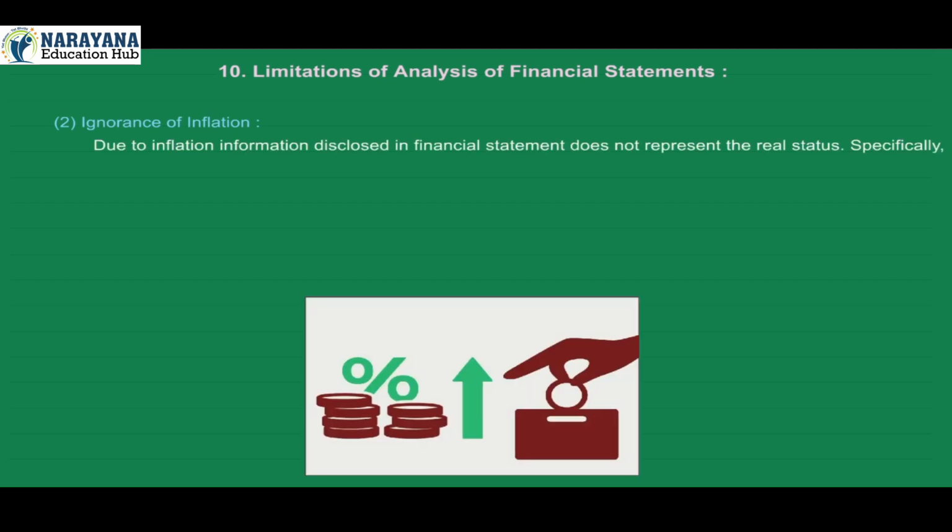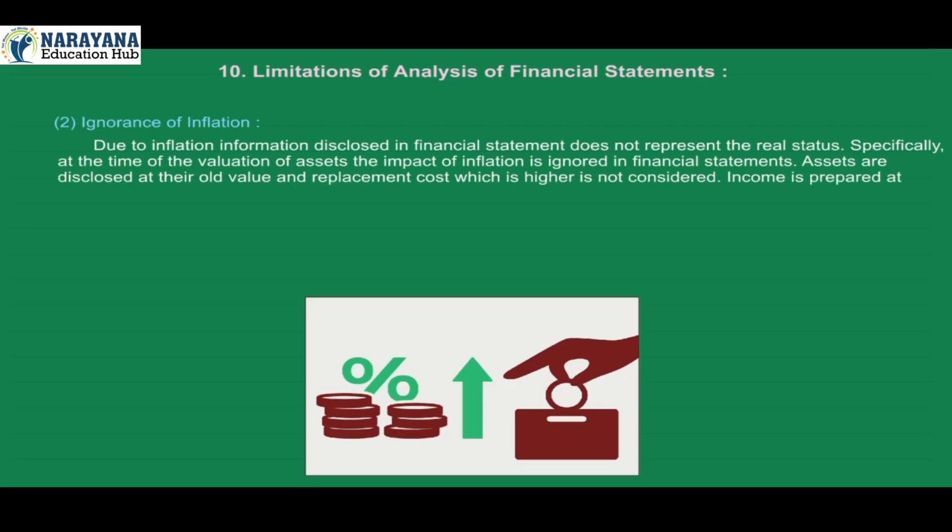2. Ignorance of inflation. Due to inflation, information disclosed in financial statements does not represent the real status. Specifically, at the time of the valuation of assets, the impact of inflation is ignored in financial statements. Assets are disclosed at their old value and replacement cost, which is higher, is not considered.